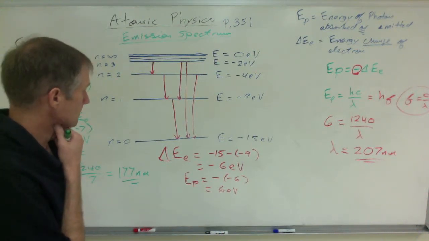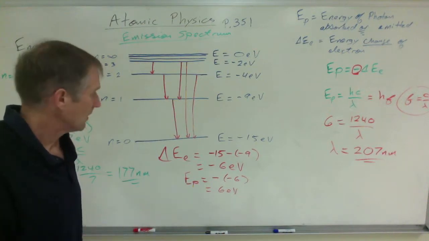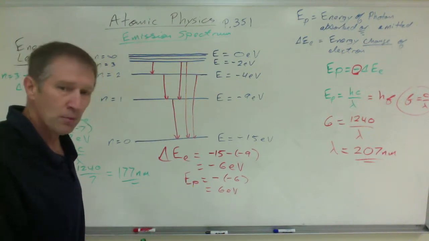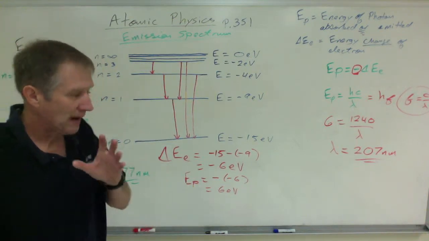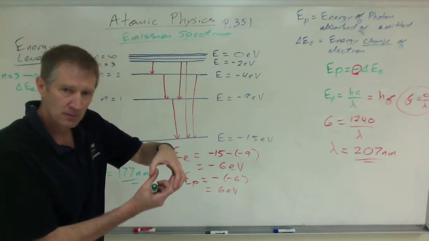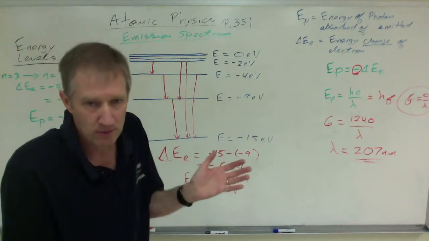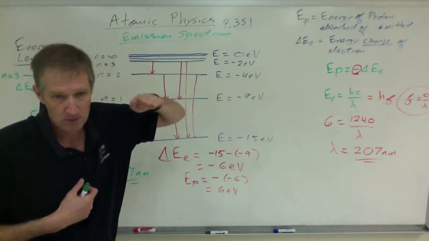The flip side of this is the absorption spectrum. So you pass white light through a gas, a specific gas, whatever it is, carbon dioxide, or oxygen.